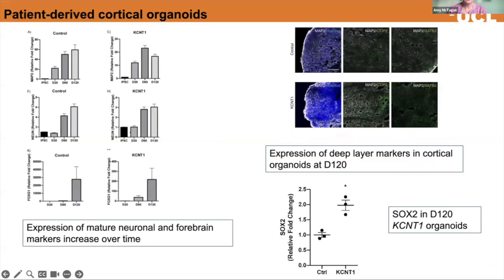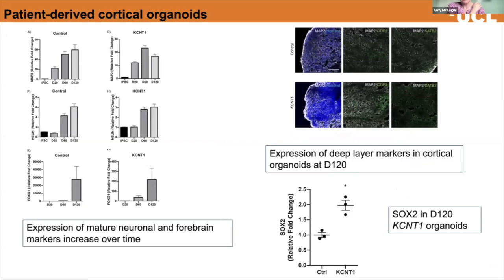In some early work, we've seen that we get expression of mature neuronal and forebrain markers, which increase over time. You can see here in the control lines on the left and the KCNT1 lines on the right, the expression of MAP2 and NeuN goes up over time, and we get good expression of FOXG1, which is a forebrain marker.